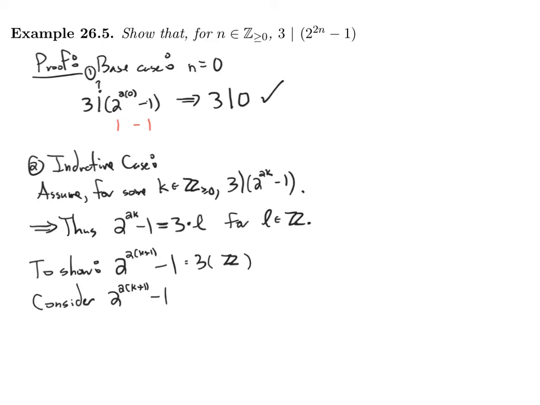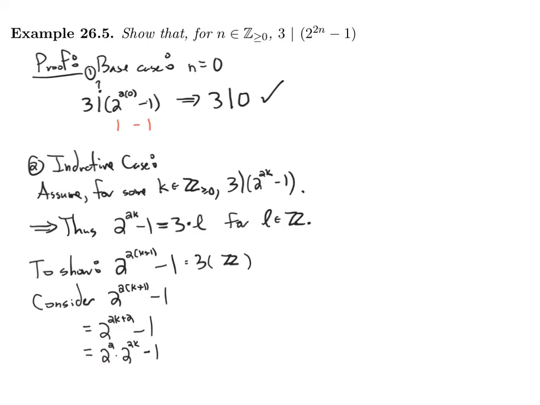So let me write down what I mean. This is the same thing as 2 to the 2k plus 2 minus 1, which is the same thing as 2 squared times 2 to the 2k. And you can see if we multiplied those, we would get 2 to the 2k plus 2, minus 1.